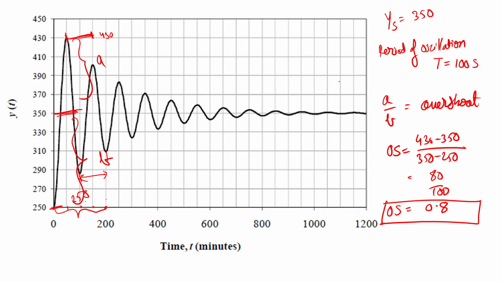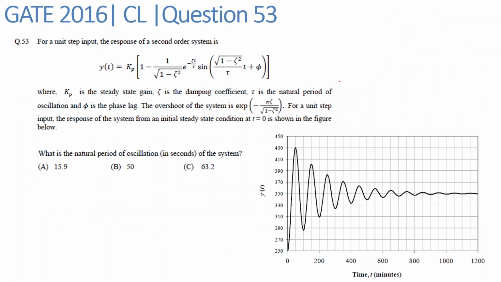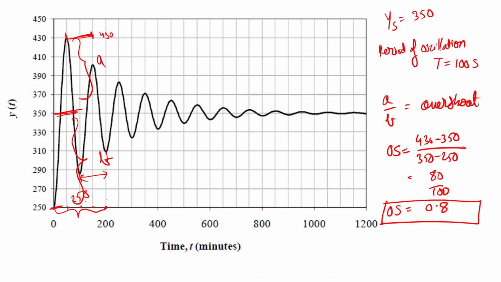And in the given question, we have to find the natural period of oscillation in seconds. So that is tau. So we can get this natural period of oscillation by using the formula for the period of oscillation.